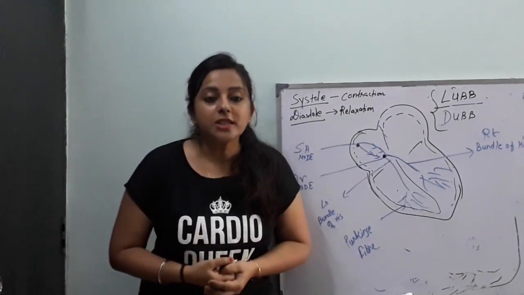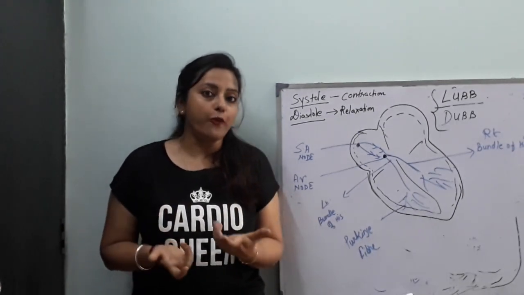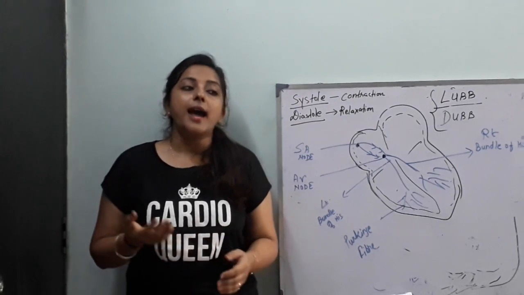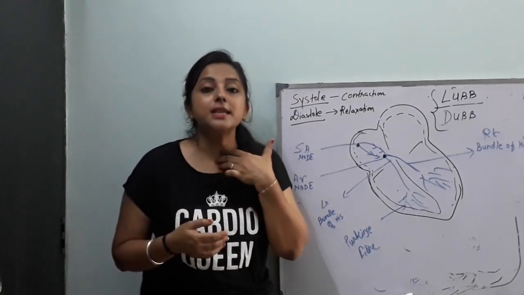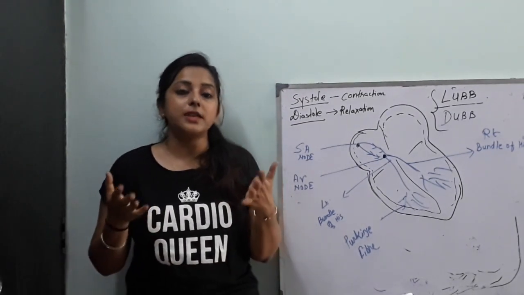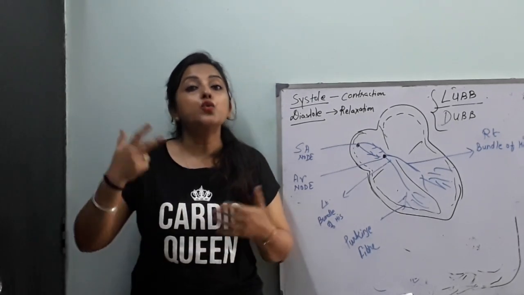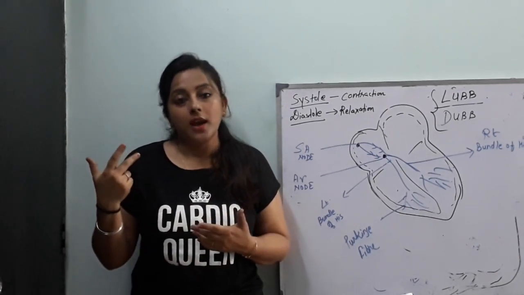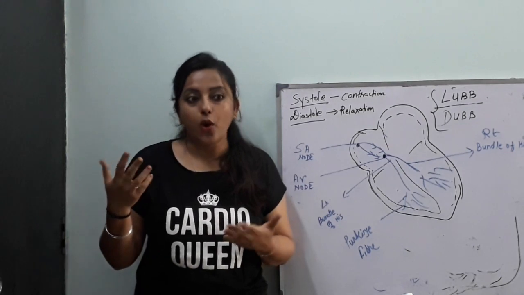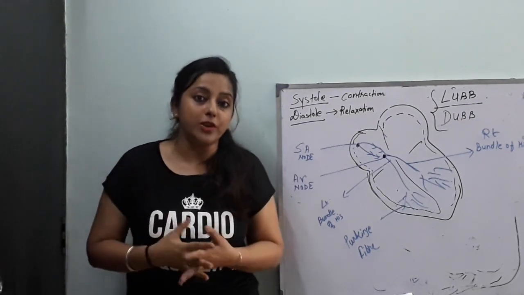And the next question is, name the pacemaker of our heart. And my last question is, why does our circulatory system have two sets of circulation, or why do we have a double circulatory system?